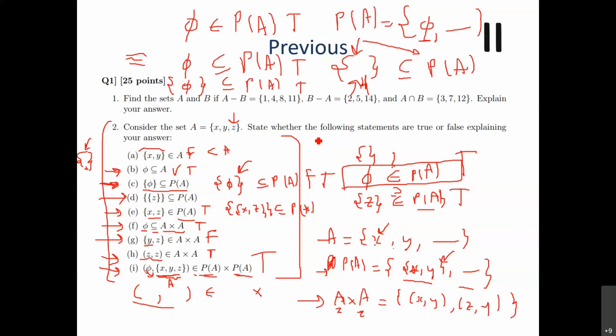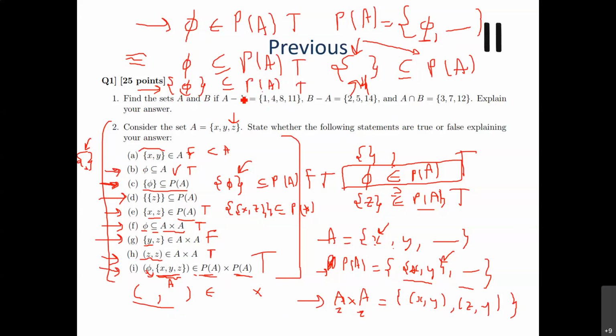That's true. The third sentence I wrote here is the exact same thing as the first one. In the first one, I'm saying phi belongs to P of A. In the third one, I'm saying the set containing phi is a subset of P of A, which means this element doesn't belong here. So all three of these are true.